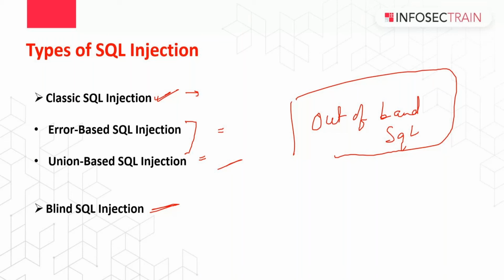When the attacker uses the same channel to launch the attack and gather the information, then this out of band technique gives the attacker an alternative.